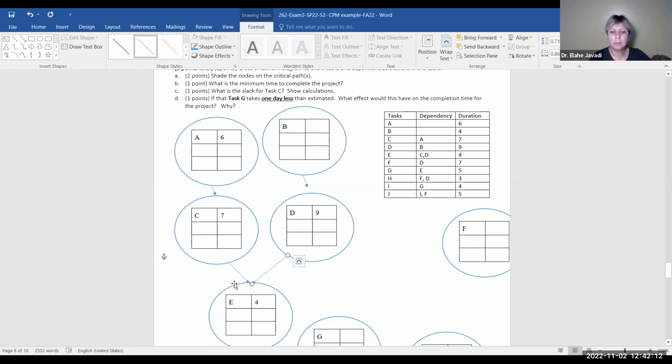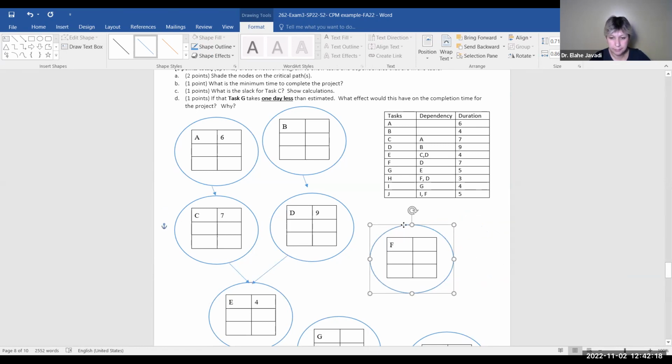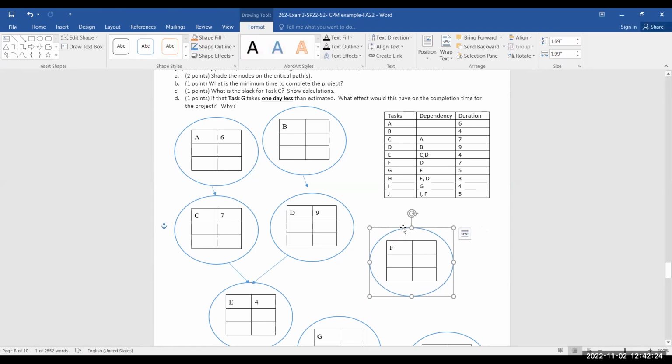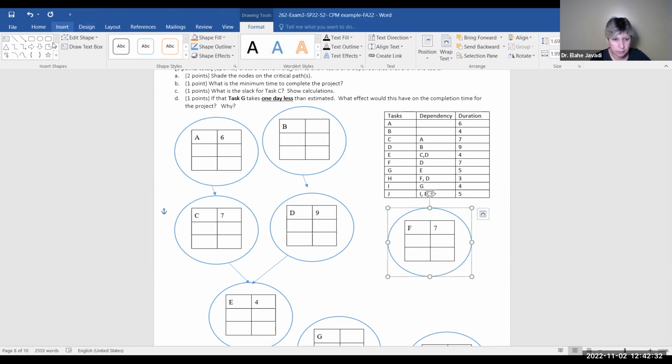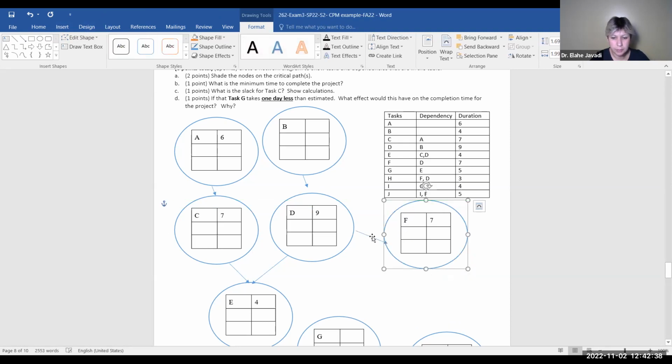Okay, we're going to be on F, and Ishika, you're the next name on my screen. Tell me about F. 7. What does it depend on? D. Yeah, that's a good location actually, so I can just do the arrow here. I'm going to take it up because we're going to need that space.